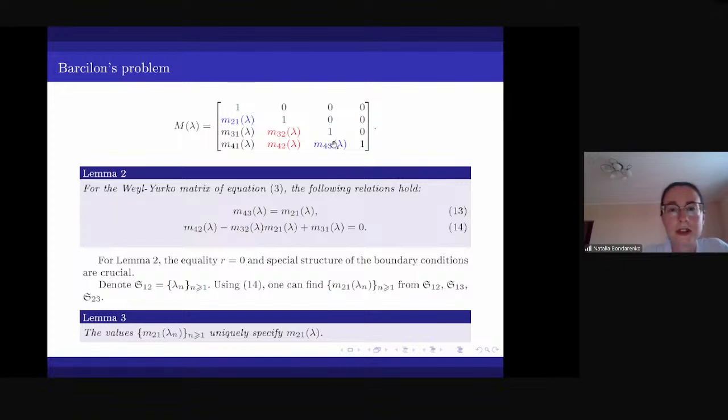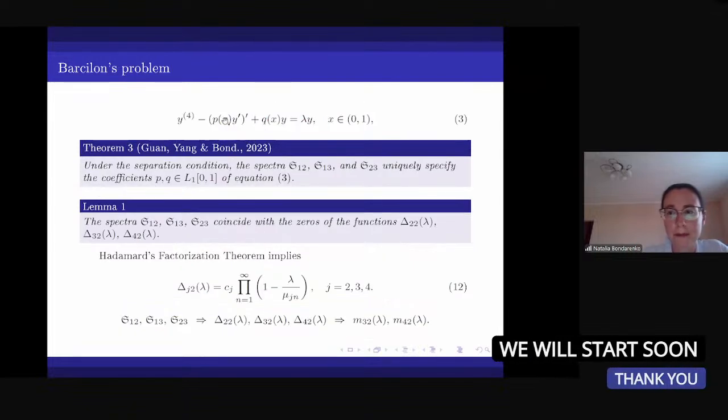In order to deal with these elements, we need the next lemma 2. This lemma follows from the special structure of our equation and boundary conditions. You see here we don't have the coefficient r at the first derivative.